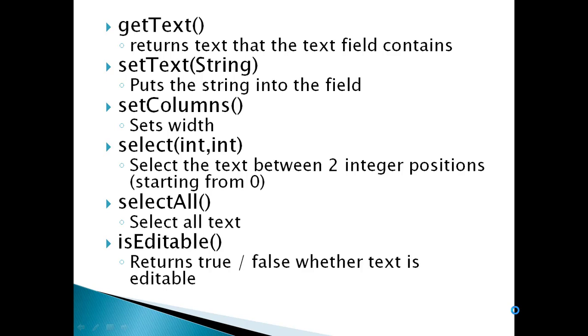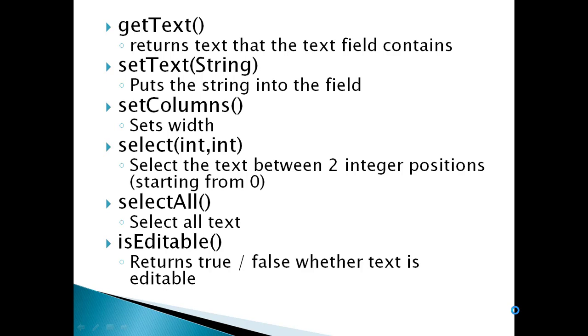It has some methods. To deal with the text field or to perform some operations, we need methods. The first method is getText, which returns the text that the text field contains.